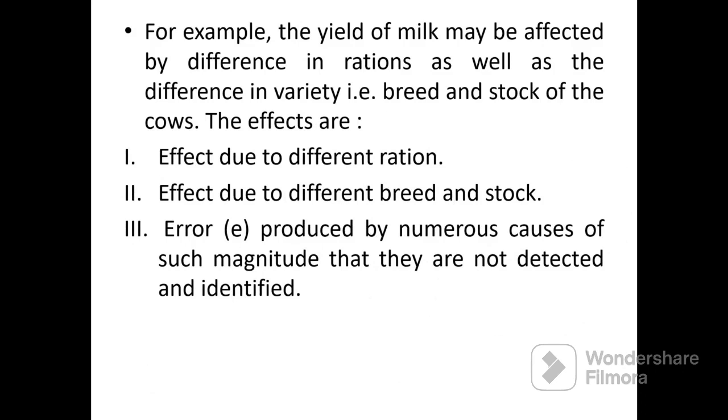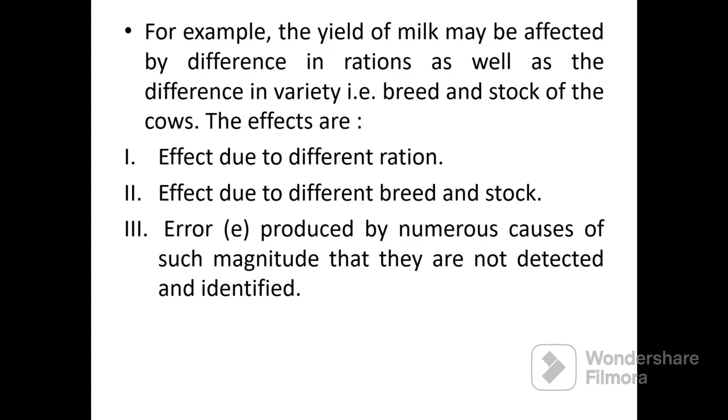And now we are considering here the same example that was considered in one-way ANOVA also. Here one more effect has been associated, that is the effect due to the breed and stock. So we can consider three types of effect from this two-way ANOVA. The first effect is due to the different types of ration, that we considered in one-way ANOVA also.